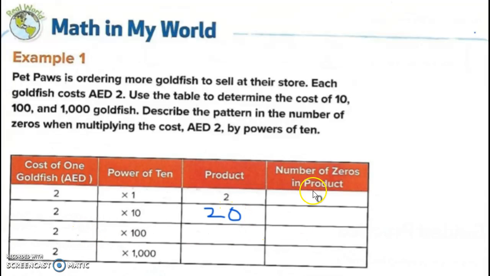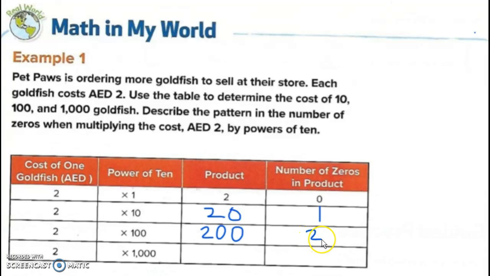And how many zeros in the product? There's 1 zero. You see that? 2 times 100 equals 200. How many zeros are there in this answer? Correct.